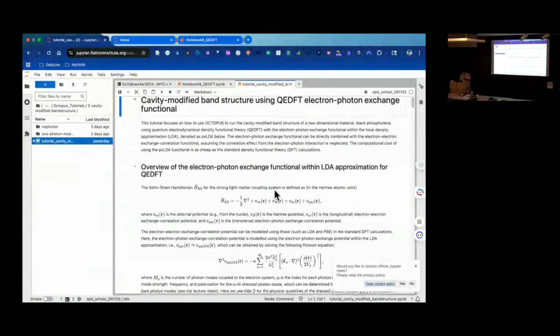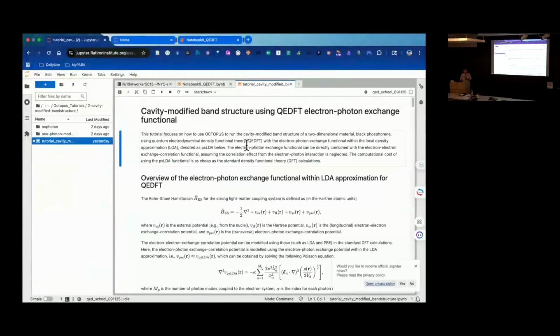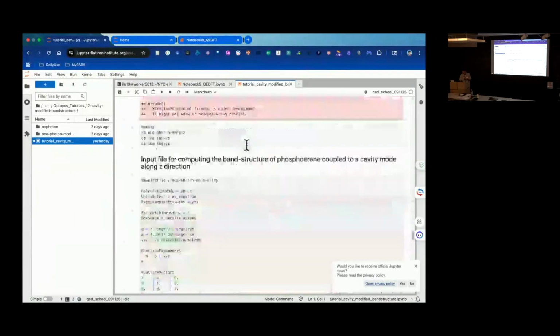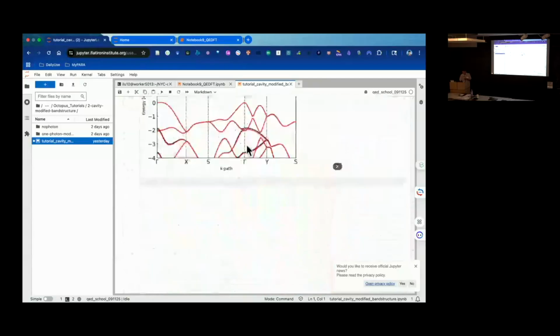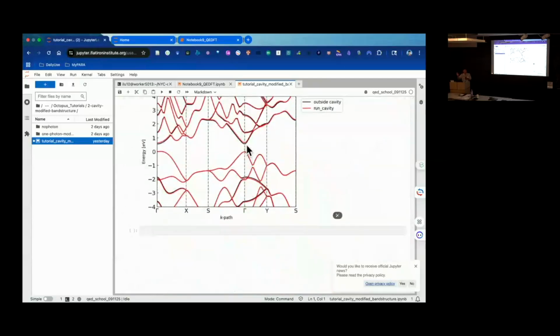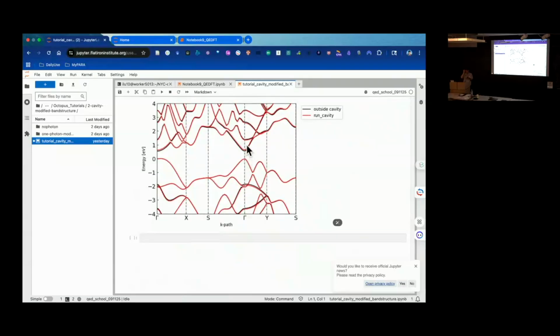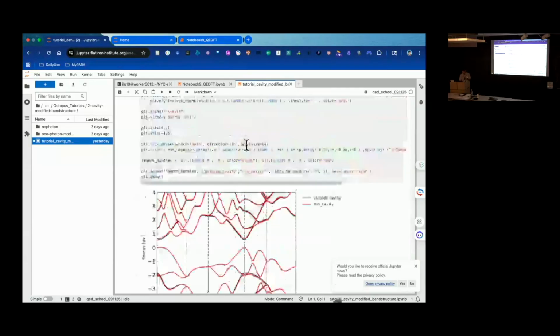Okay, so if you are lazy, then you just run everything, and then you are going to get a band structure at the end. And if you don't care about this, then you are done with the tutorial. But if you are interested in what's happening in details, then you can read through the tutorial, the Jupyter notebook.